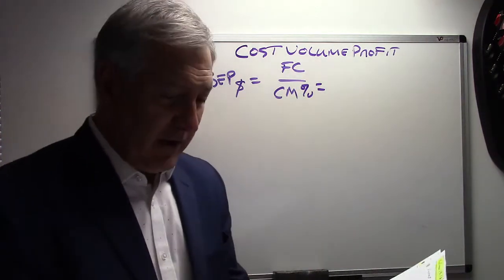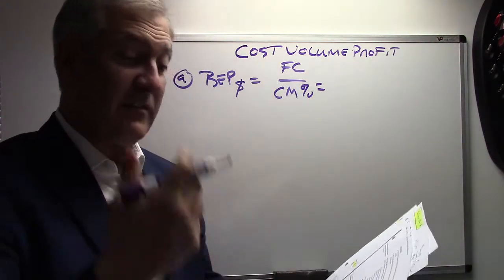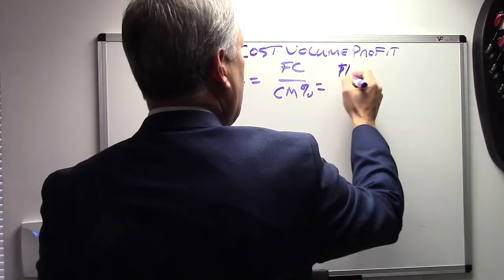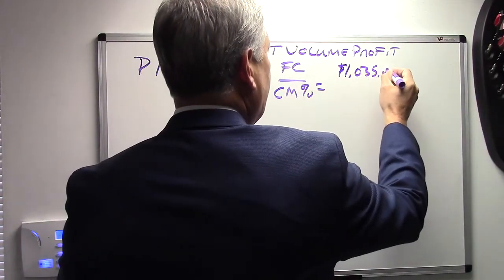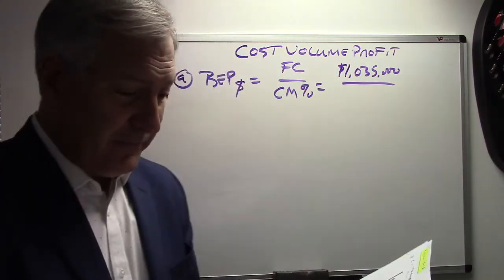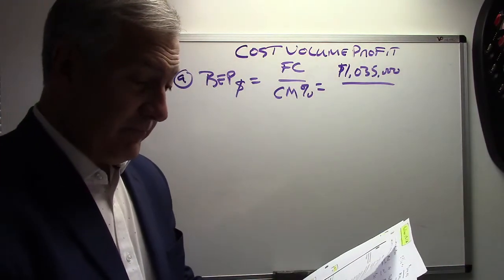And we say, well, what are our fixed costs? Again, they have a column, total expenses, variable expenses, and fixed expenses. The fixed expenses are $1,035,000. And the contribution margin percentage, which you have to calculate, right?